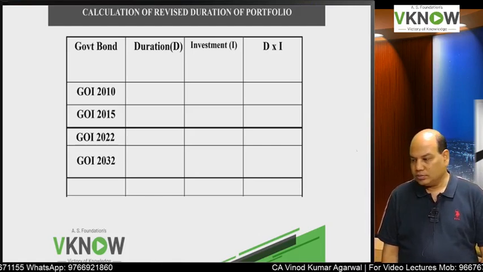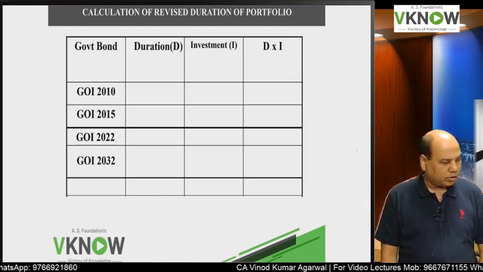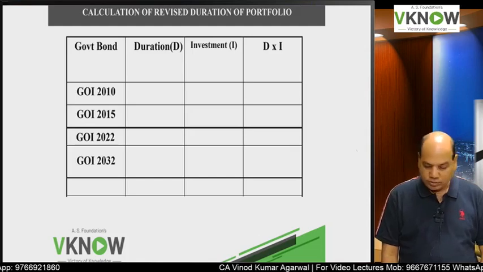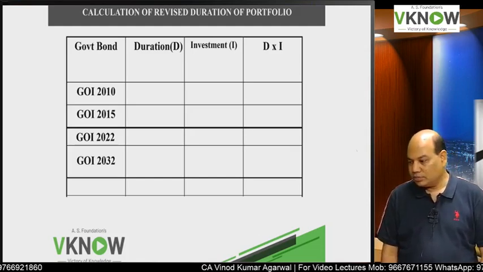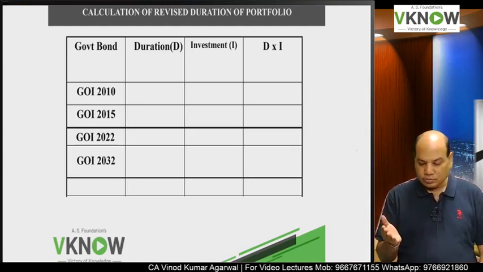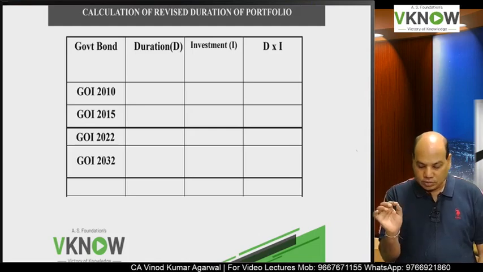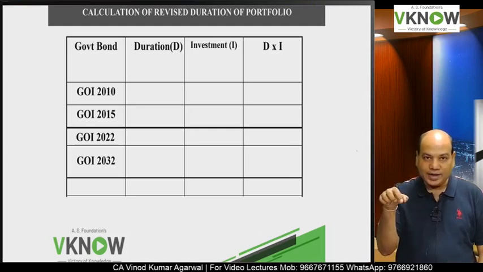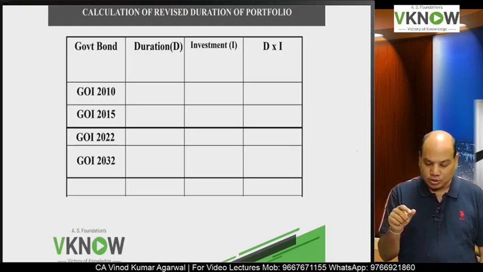Under that write 4 columns. Same 4 columns: government bond, duration, investment, duration into investment. So don't write 2006 now. We have sold it, and that money we are going to add in 2032 bonds.